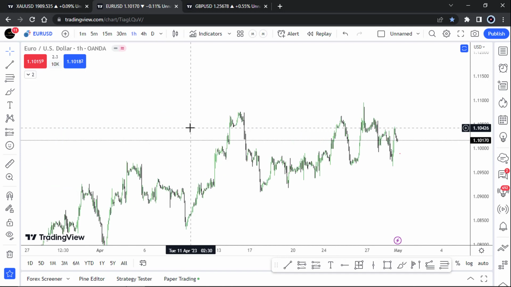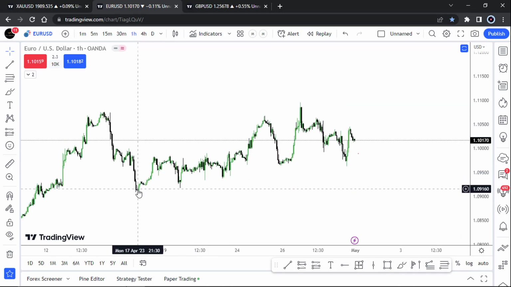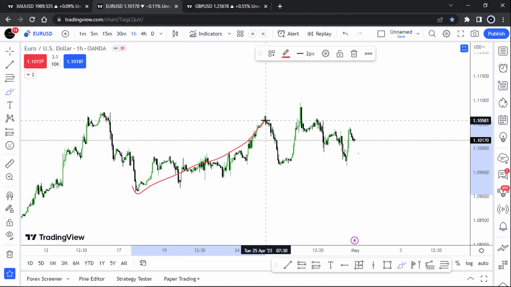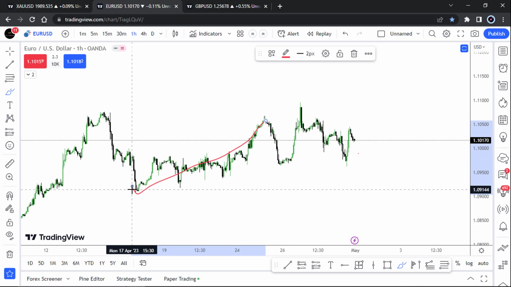When looking at the Euro chart over here, you can see from here to here the uptrend is not very strong. Yes, there is an uptrend, and buyers are controlling the market, but they are very slow, very weak buyers.